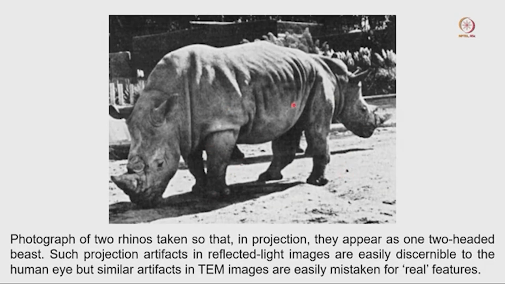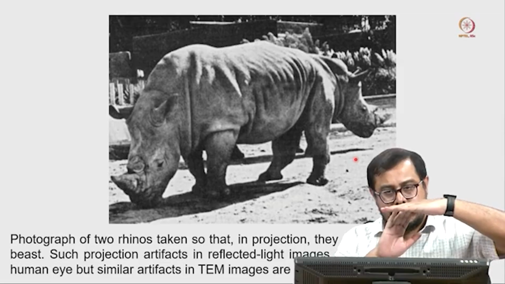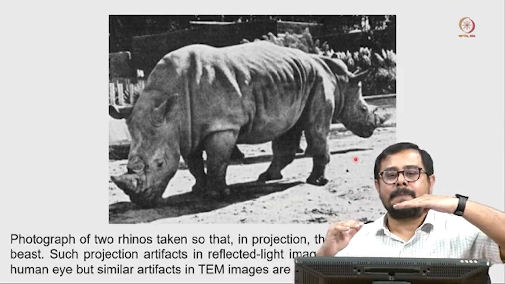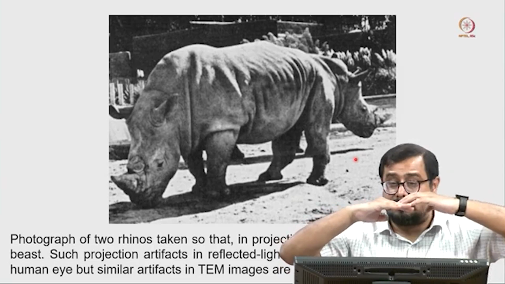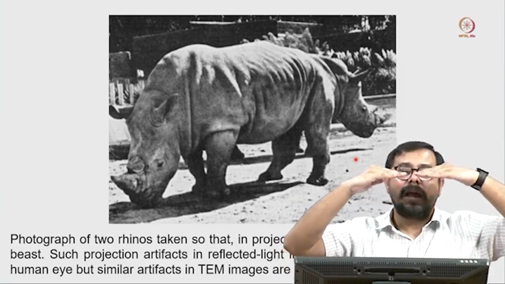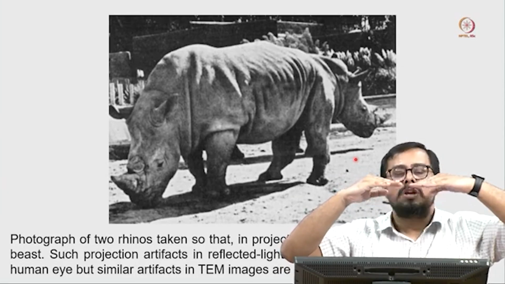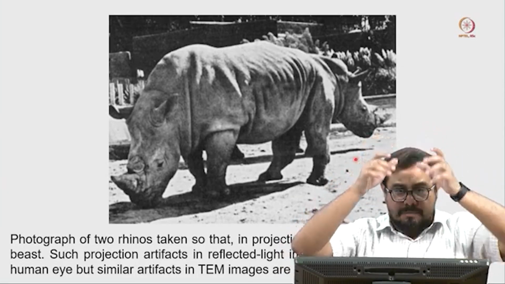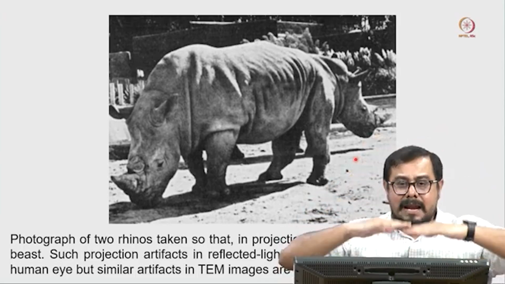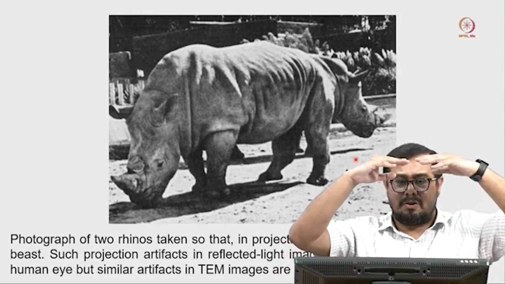Here also you can see this kind of artifact when we do electron microscopy, especially transmission electron microscopy. Here is an example. Just imagine that this is a sample, and there is another sample like this. If they are separated from each other, this is a 3D object, the electron beam passes through the sample, and we get a 2D image of that 3D object.